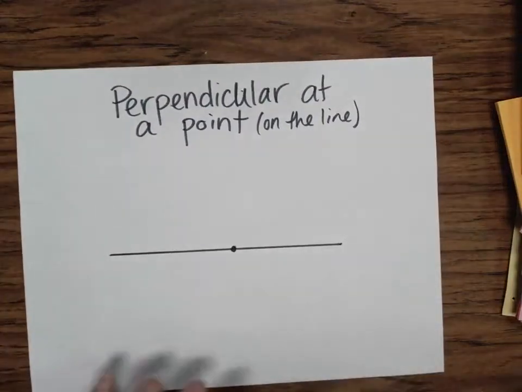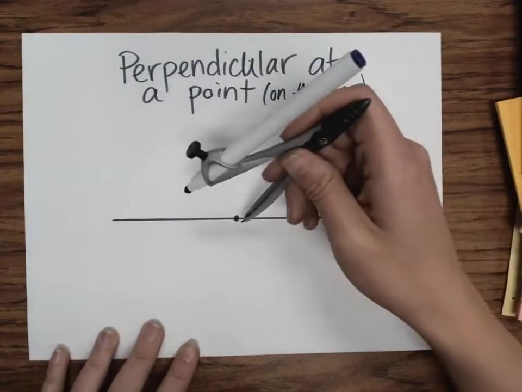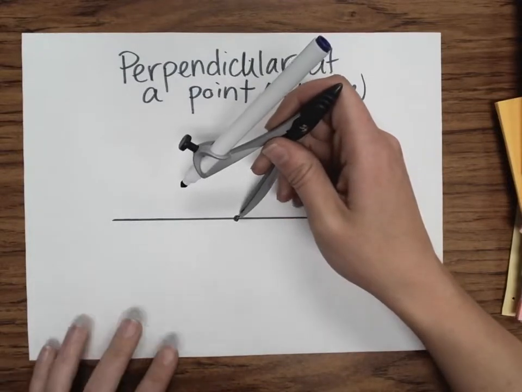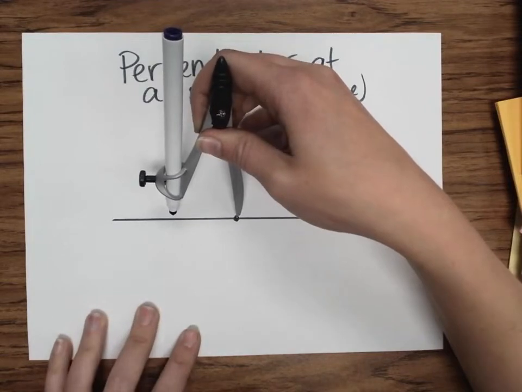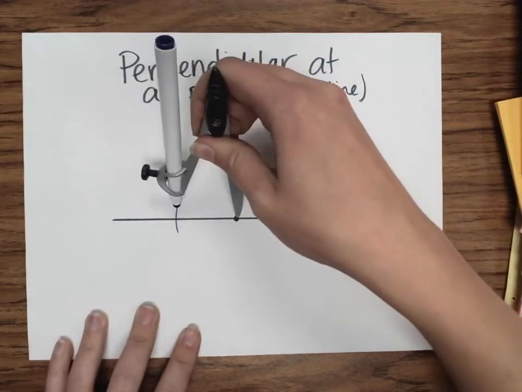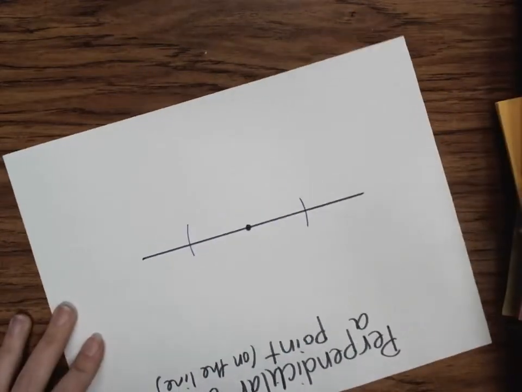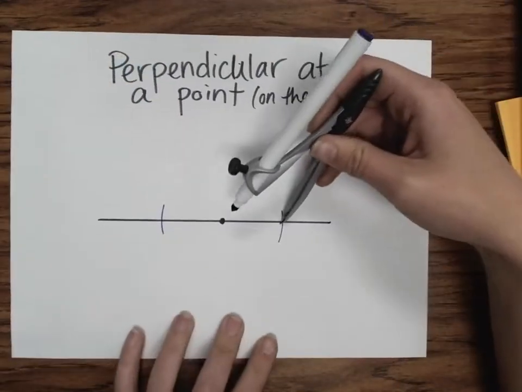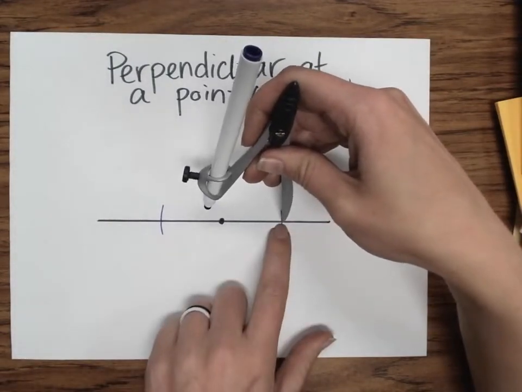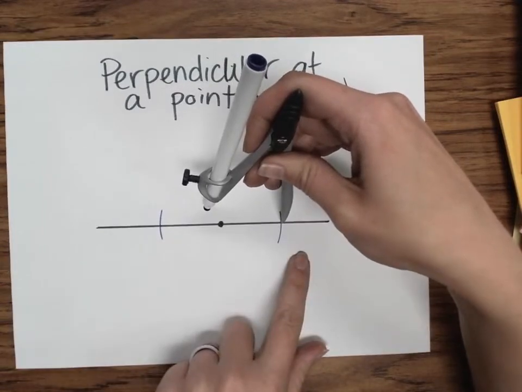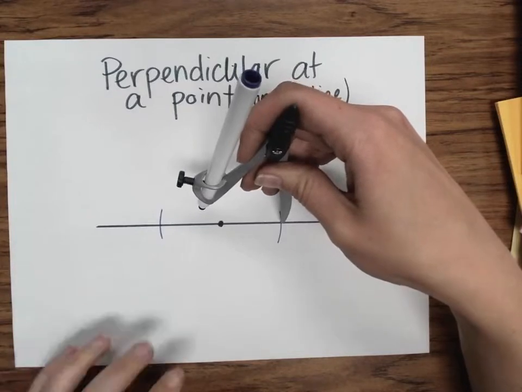All right, constructing a line perpendicular at a point on the line. So first thing you're going to do is just put your compass on the point that you're trying to go through, and then it doesn't matter what radius you do, but you're just going to make a mark on either side, and if you really want to make a full circle, that's fine, but you don't need to. So you've got a mark on either side, and then you're going to put the compass center on one of them, and then again, like before, this needs to be somewhere past halfway for this to work, because otherwise your arcs won't cross.